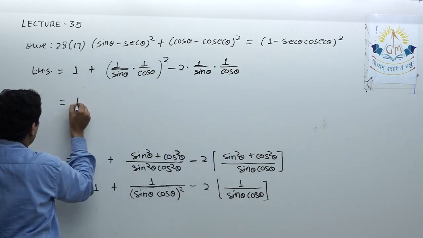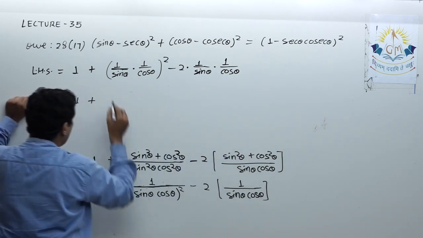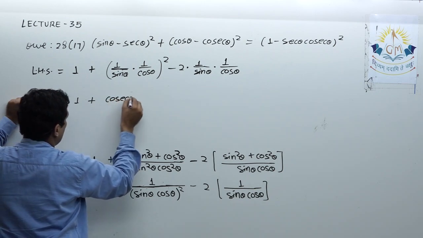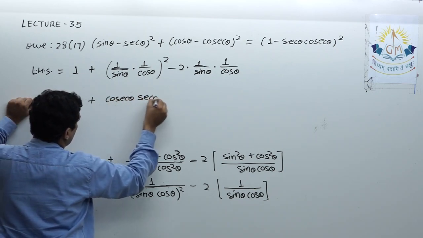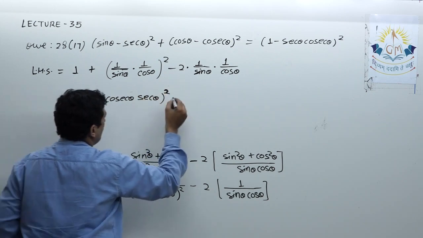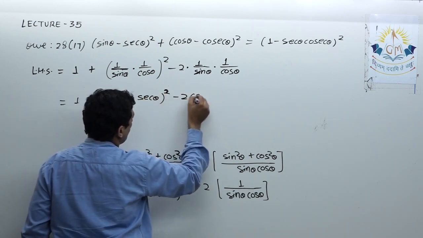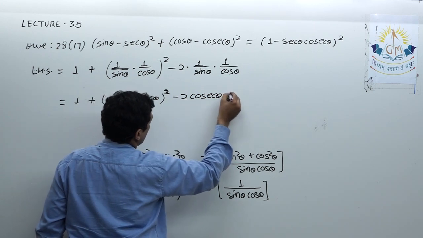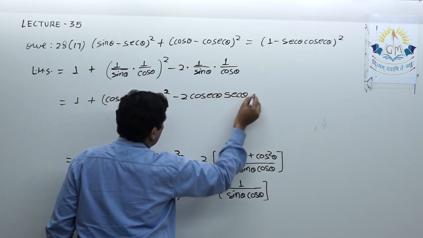Okay, so this is 1 plus. Now 1 upon sine theta is cosec theta, and this is sec theta whole square, minus 2 cosec theta sec theta.